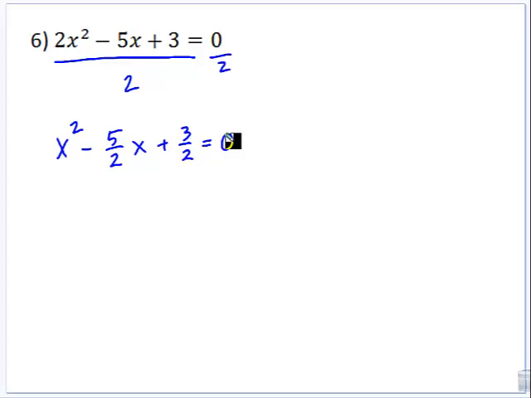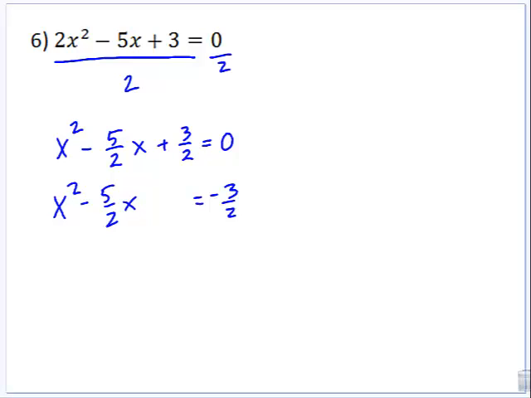Because 0 divided by 2 is 0. And now we do the same process we did before. So we're going to subtract the 3 halves from both sides, which leaves us with x squared minus 5 halves x, leave a blank spot, and then is equal to negative 3 halves.